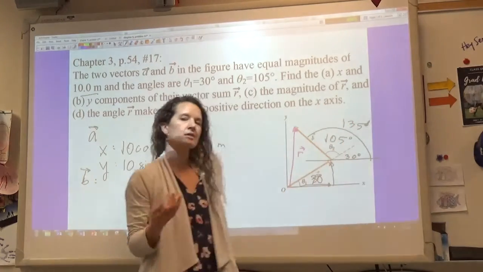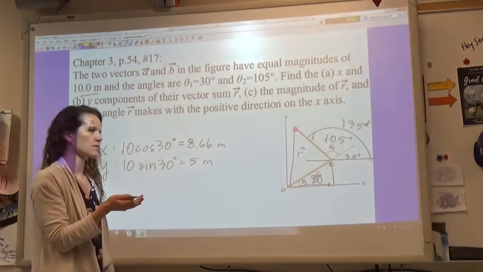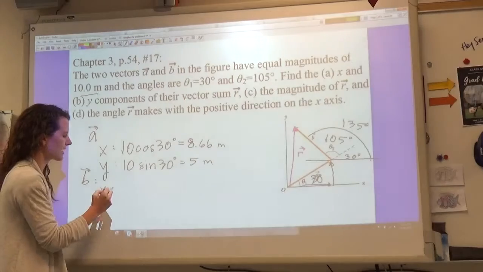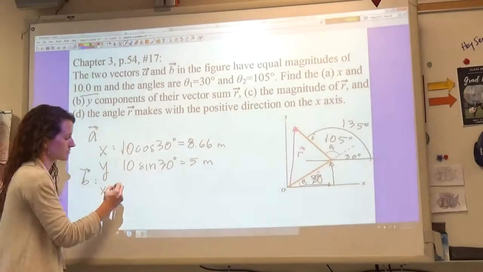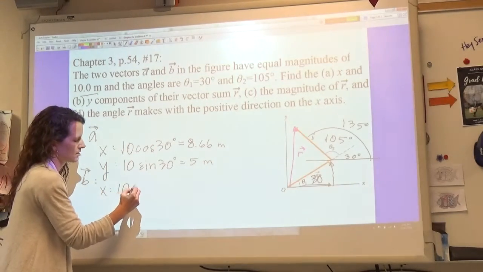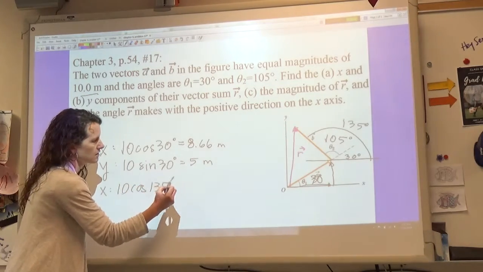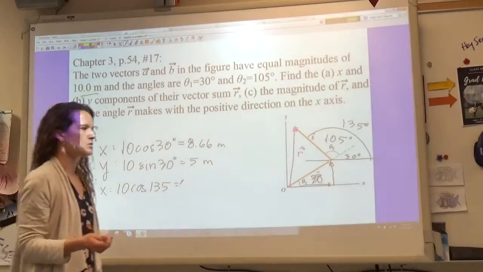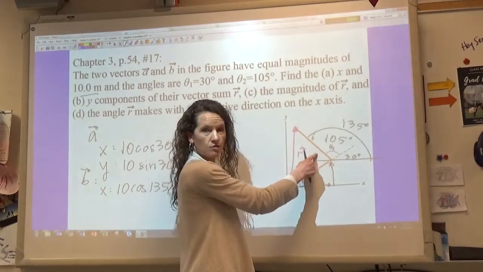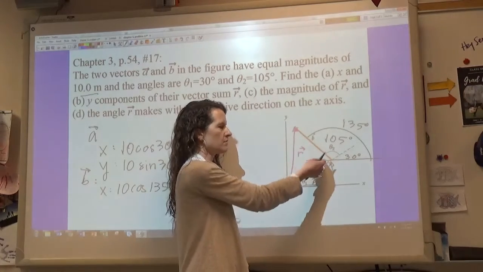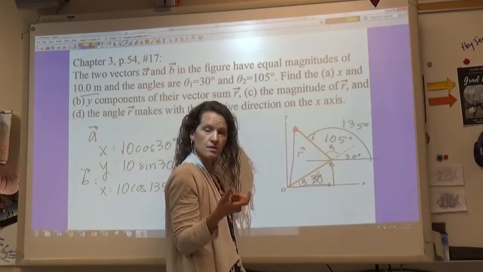And now that I know that, I can again just use sine and cosine to figure out the magnitude of the x and the y components. So for x, again, the magnitude of our vector is 10, so I'll have 10 cosine 135. It's also another choice, you could have just used this angle over here, 45 degrees, to figure out the components. But of course that would not have given you the negatives that are present there.